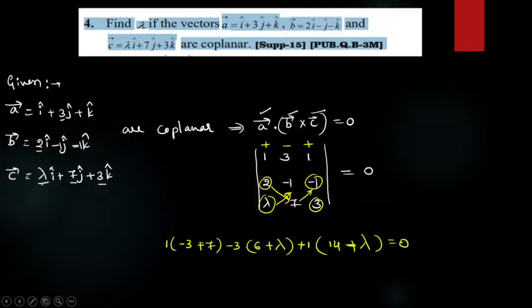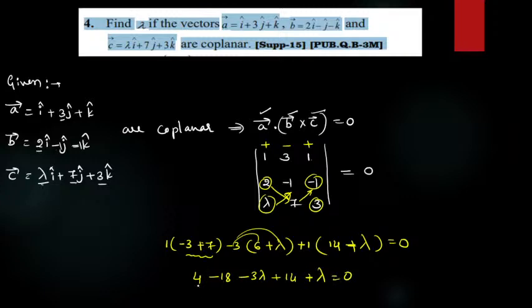0. Okay, so now simplify this. 7 minus 3 is 4, 4 into 1 is 4. Again, minus 3 into 6 is minus 18, again minus into plus is minus, 3 into lambda is 3 lambda, plus 14, 1 plus lambda is again lambda, equal to 0.